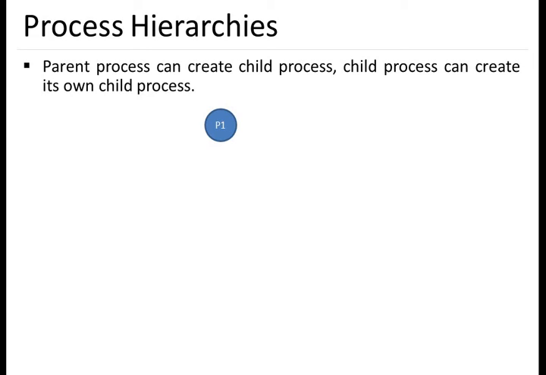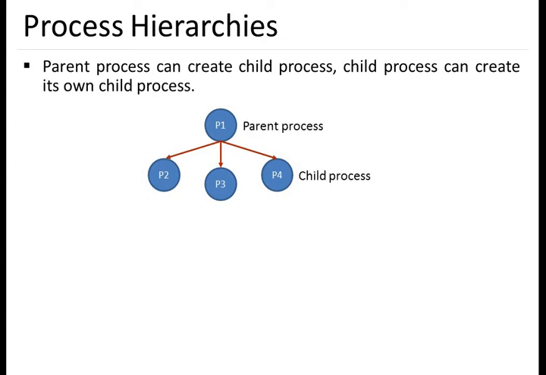So what this process P1 will do is create three child processes, P2, P3 and P4. P2 will fetch the data, P3 will operate on the data, and the task of P4 is to pass the outcome to some other process. So over here P2, P3 and P4 are child processes of process P1.